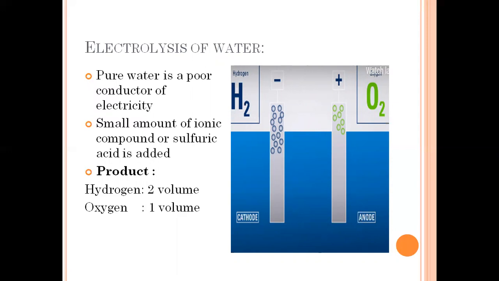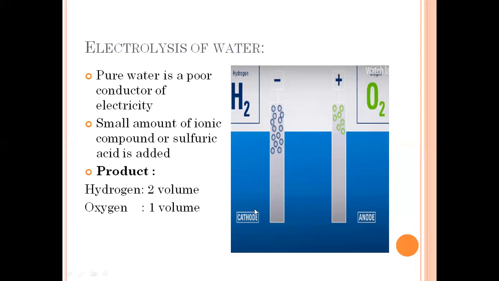Then what happens? When we add a pinch of salt in the water and make a solution, then we can conduct electrolysis there. Water breaks down into two ions, H positive and OH negative.